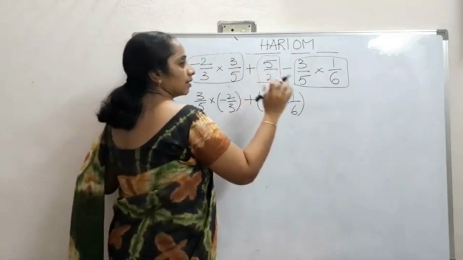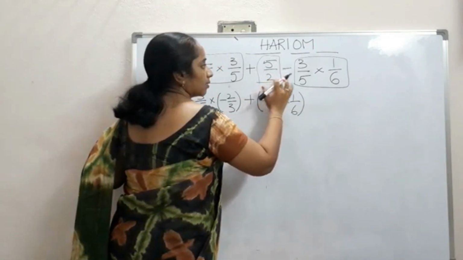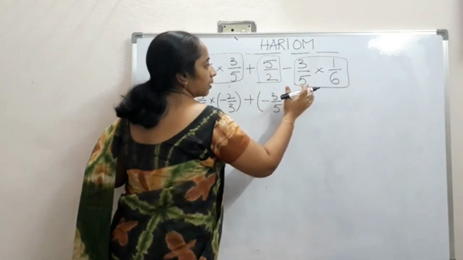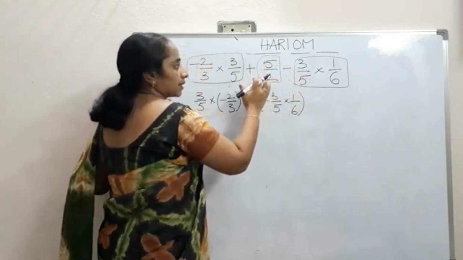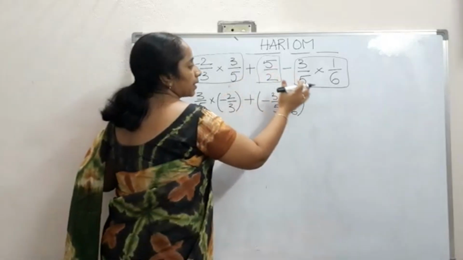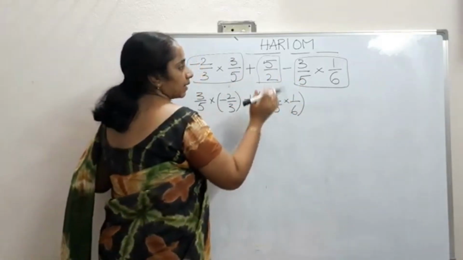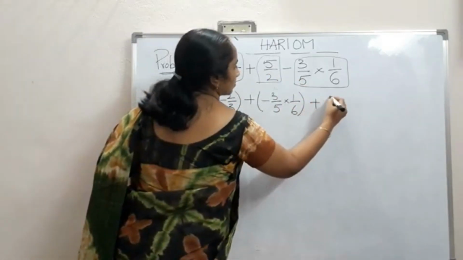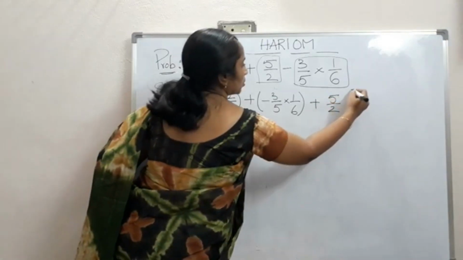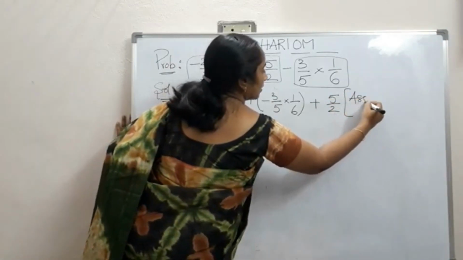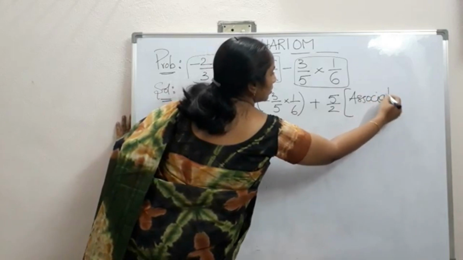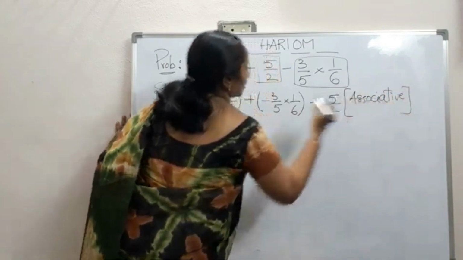Again take this as A plus B. Again I am writing that as B plus A, plus 5 by 2. So I applied here the associative property.